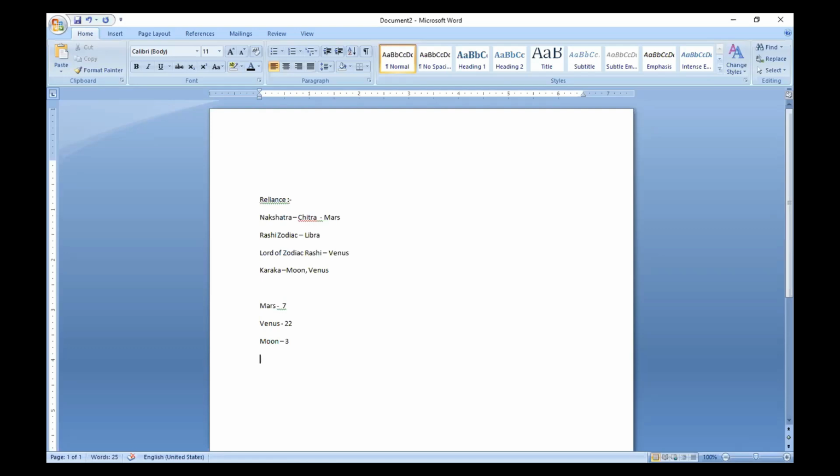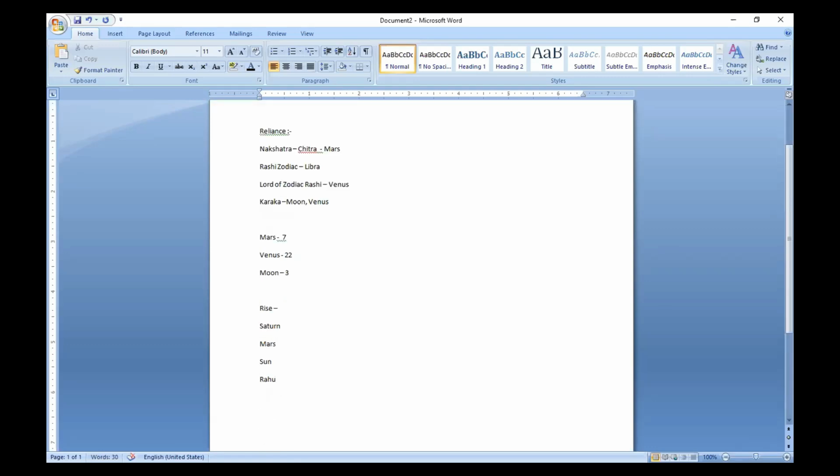Now, in order to see the rise in price, we have to consider Saturn. Any other planet? Mars? Probably Jupiter? Not Jupiter. First Saturn, Sun, then Mars, Sun, and Rahu. Am I correct?